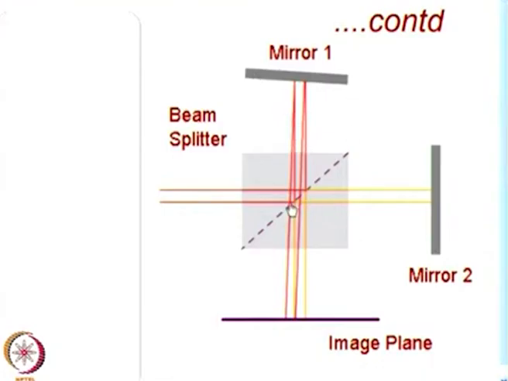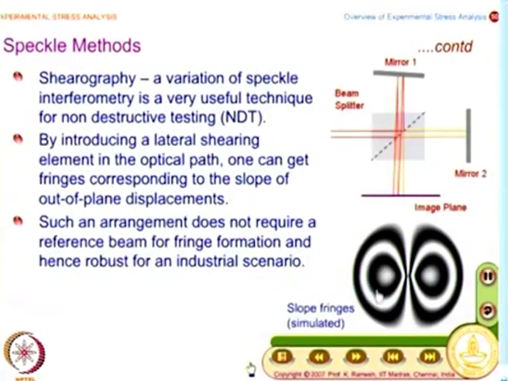So, the beam splitter sends one ray to this mirror and sends the other component to this, and whatever comes from this, because of the tilt it gets shifted, and it is said to be sheared to this point. So, for each incident ray you will have 2 rays impinging on the image plane, and we will just have a look at the animation again.